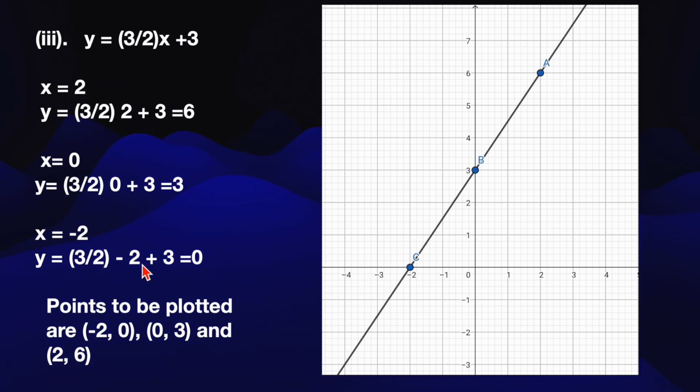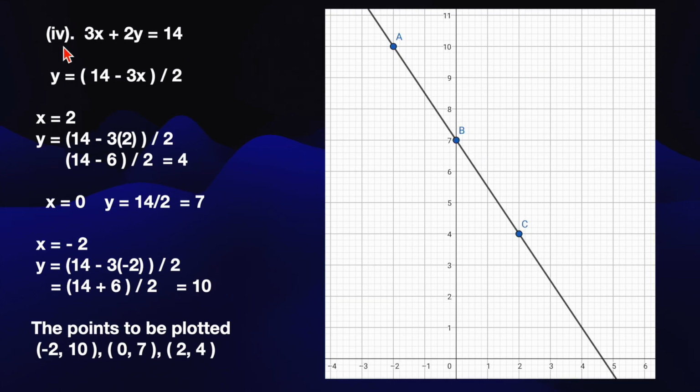So when the x coordinate is -2, the y coordinate is 0. So -2 is here, y coordinate 0, and this is the third point. Join all the 3 points, and you will get this line, which is this equation.